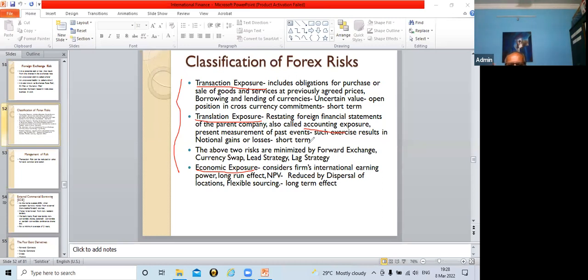Actually they are not selling, assets are as it is in USA, but they are just making valuation. So if the dollar increases, naturally the value will be more. Vice versa, if the dollar decreases, the value will be lesser.